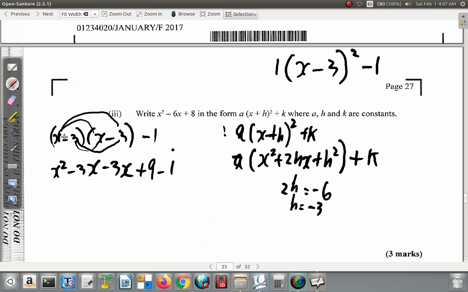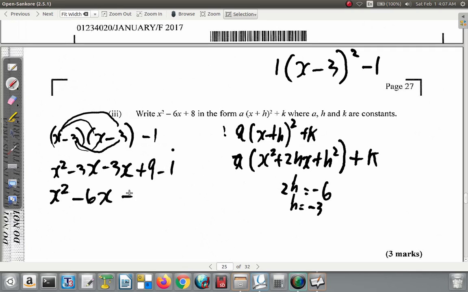Right, remember, multiplying x by x is x squared, x by negative 3 is negative 3x, negative 3 by x is negative 3x, negative 3 by negative 3 is positive 9, minus 1. Alright, so it is x squared, negative 3x minus 3x is negative 6x.